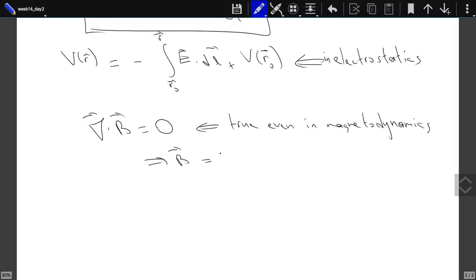Since this is satisfied, B is still the curl of a vector potential. Well, this fact, with the previous equation, by the way, still allows us to define some kind of a scalar potential.